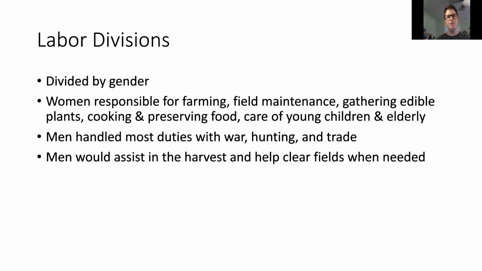So how they denoted that was through clans. So you belong to a clan. And whatever clan you belong to was the one that your mom belonged to. And your clan identity shaped everything. Who you could have like as a boyfriend or a girlfriend, and later a husband or a wife, who you could interact with.